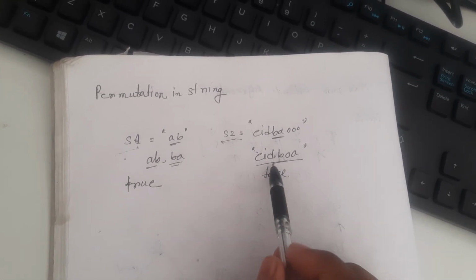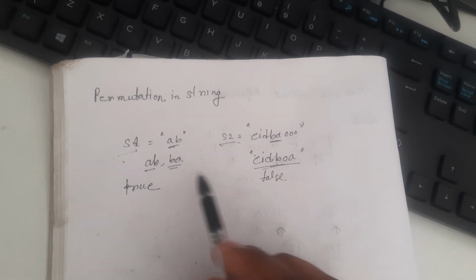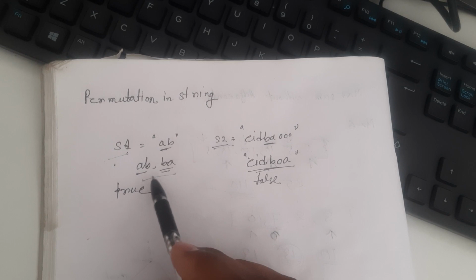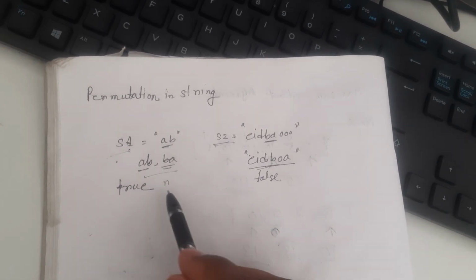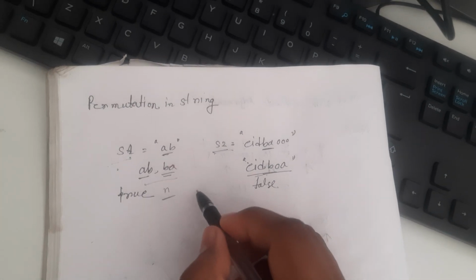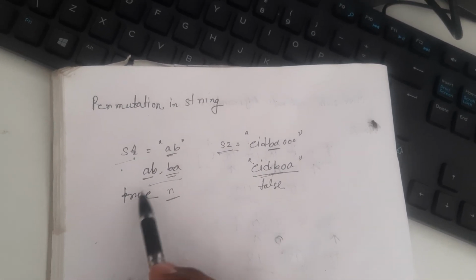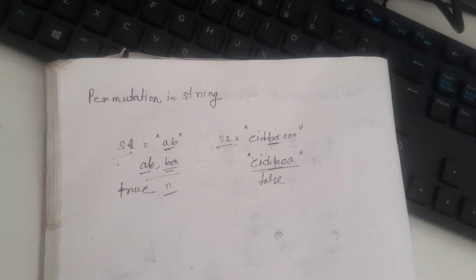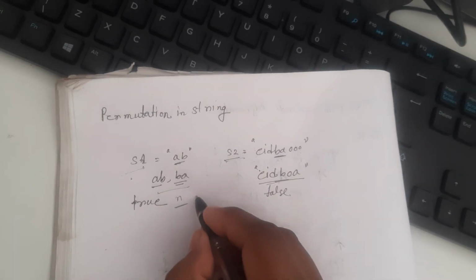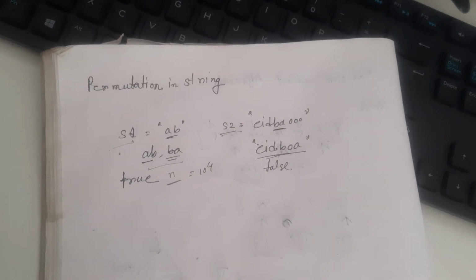That is a brute force solution, but it will give you time limit exceeded, because if the length of s1 is n, there are n factorial permutations to consider, and the n value is approximately 10 to the power 4. So how can we solve this problem with a better approach?